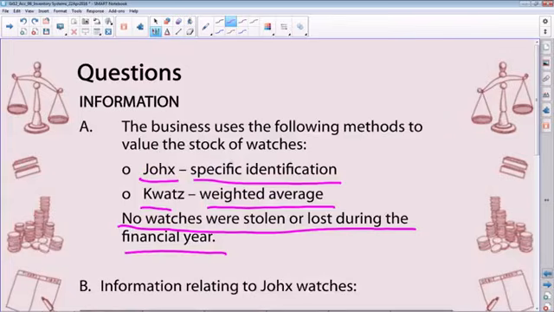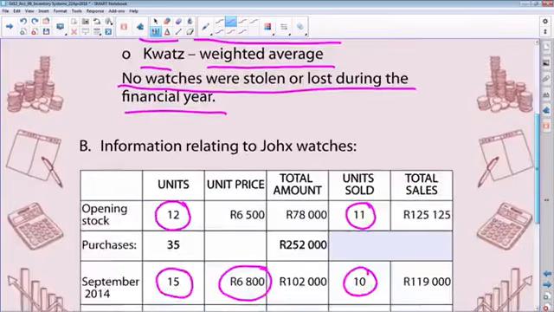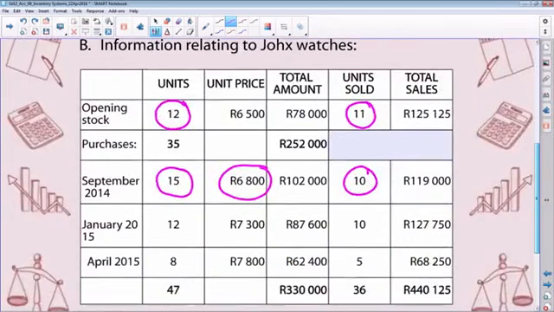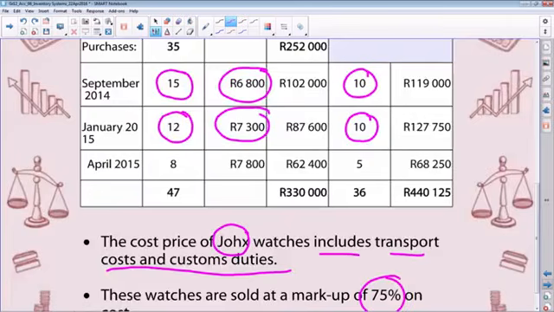Okay, then we go back and see the next item that we have to deal with. The next unit price is 7,300, and of these units we had purchased 12, but we've only sold 10, meaning that you have 2 left over at 7,300.